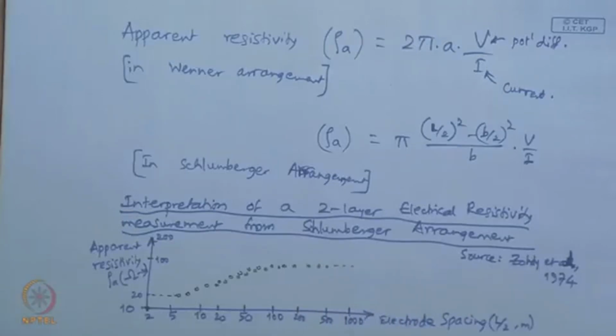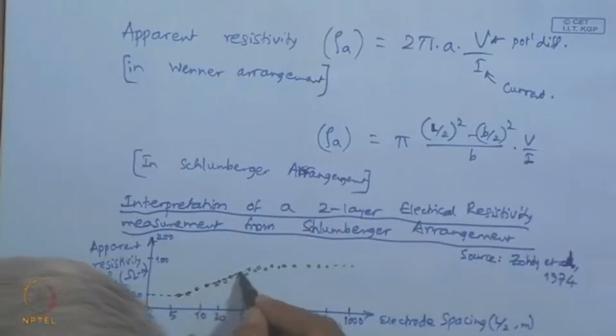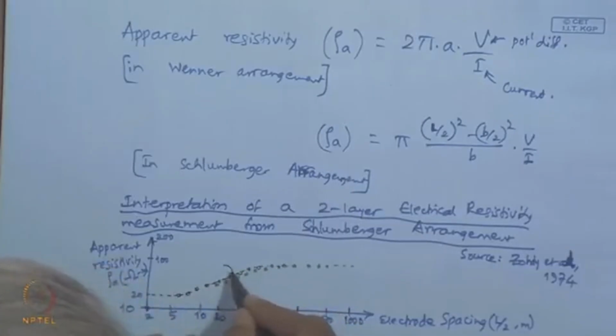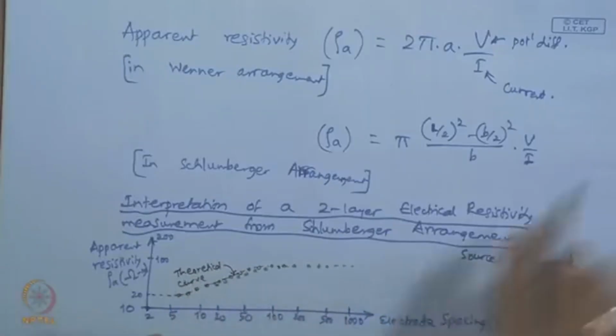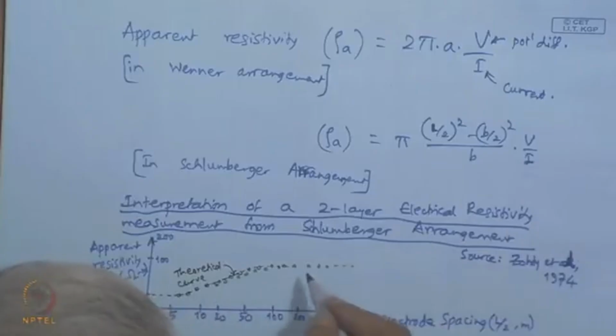This is the theoretical curve, and this is the observed curve.